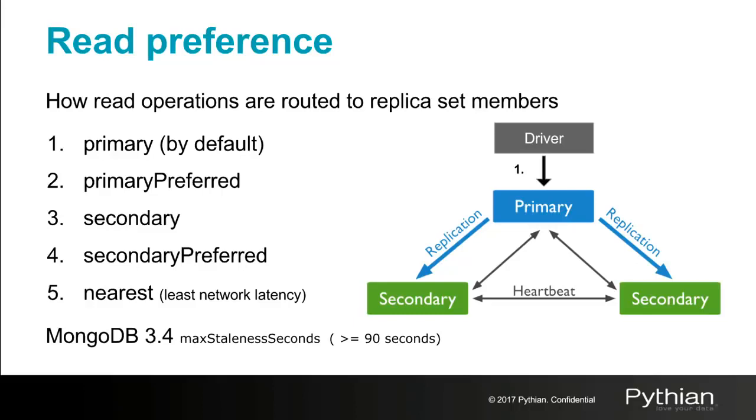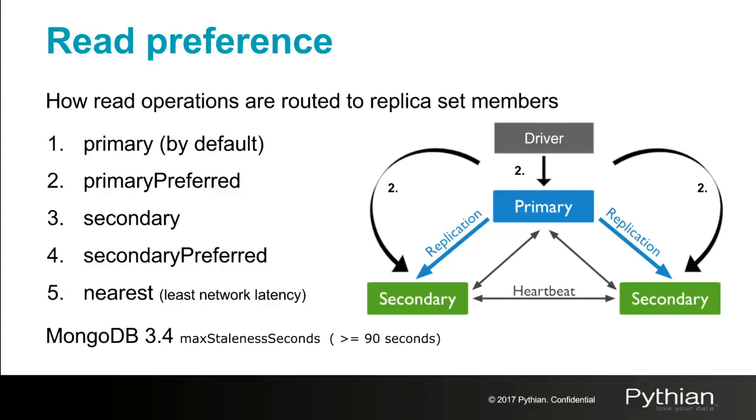We can change this property, and we can make the setting primary preferred. With primary preferred, by default, all of the reads will be sent to the primary node, but in case the primary is not accessible, the driver will route the reads to the secondary nodes.